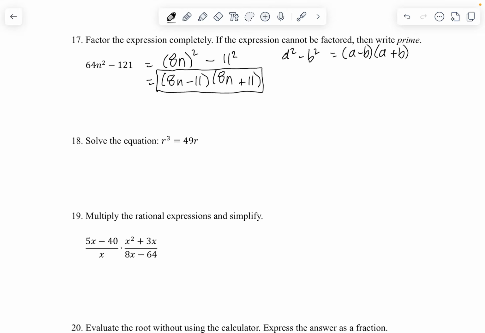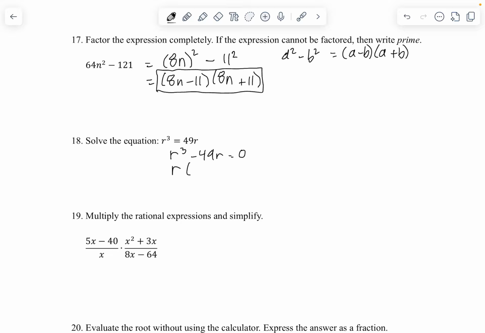18. Solve the equation. We have r cubed equals 49r. I would begin by just putting everything on the left side of the equal sign. So r cubed minus 49r equals 0. And then I would factor out an r.